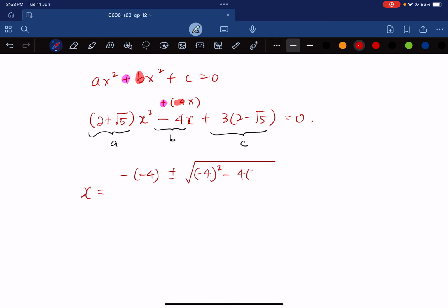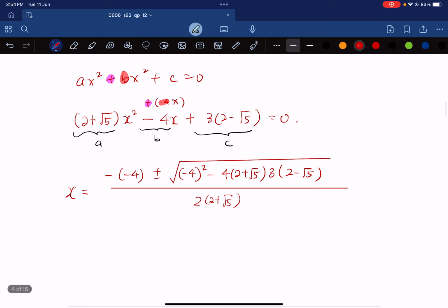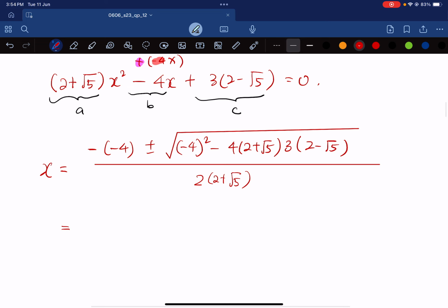So x by the quadratic formula is -b plus or minus the square root of b squared minus 4 times a times c, divided by 2 times a. So this would be 4 plus or minus the square root of 16.